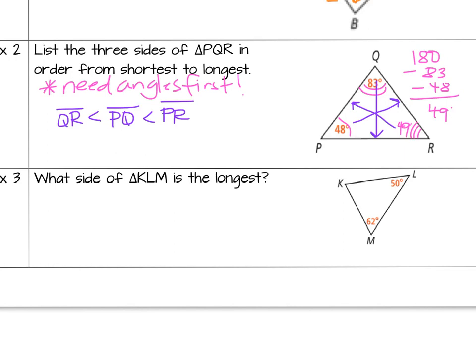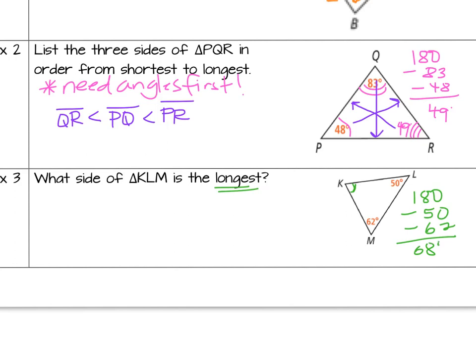Example 3. What side of triangle KLM is the longest? So now we don't need all of them in order, I just want to know the longest side. Well, again, like up above, we need to know all the angle measures in order to determine this. So to get the measure of missing angle K, if we take 180 minus 50 and then minus 62, you should get 68 degrees.